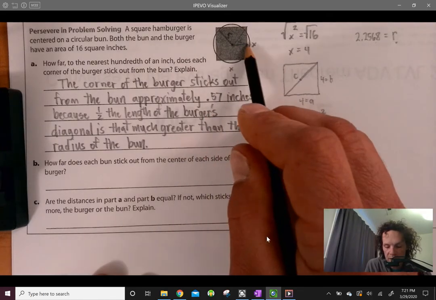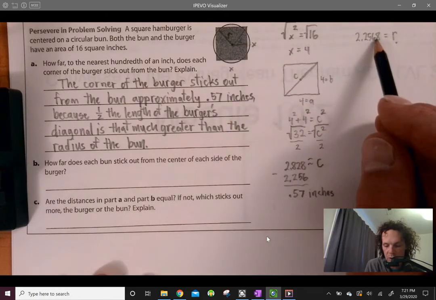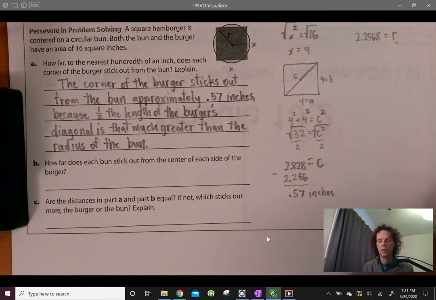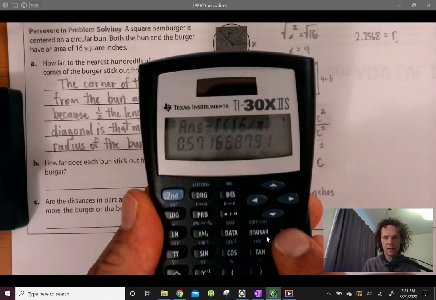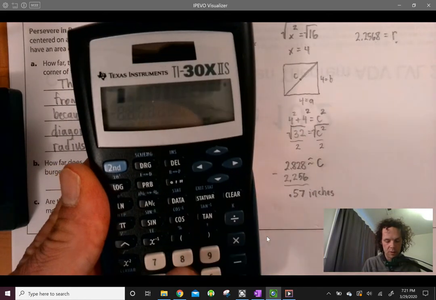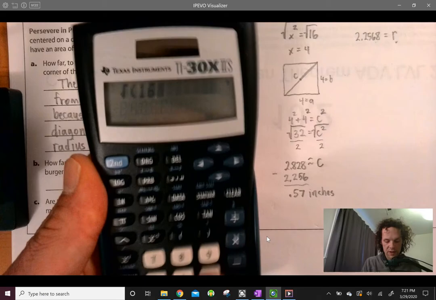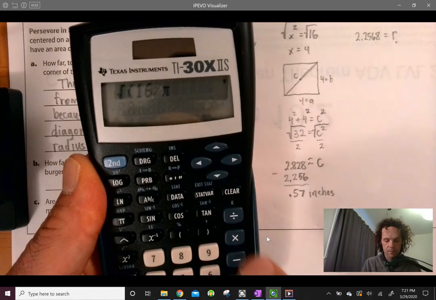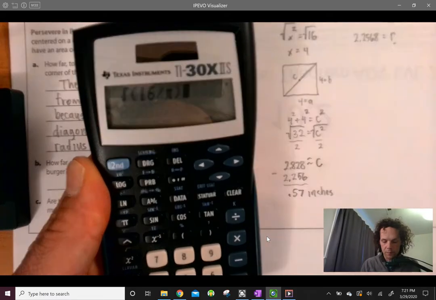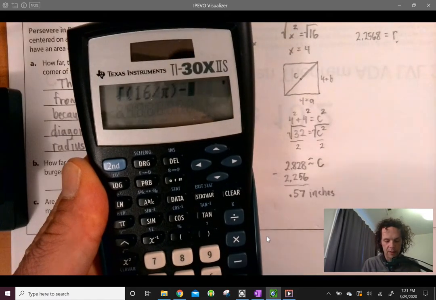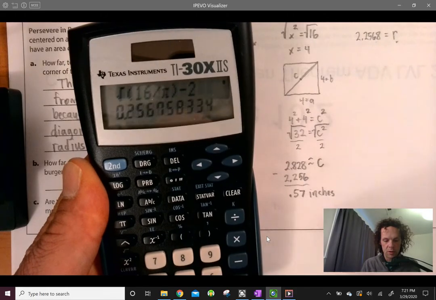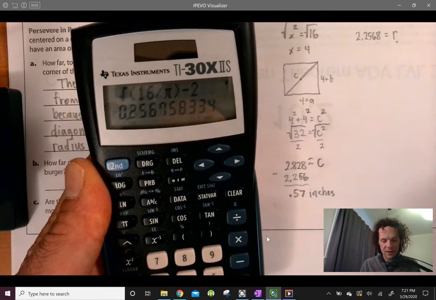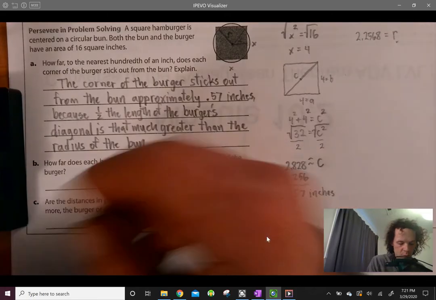We know this is 2, and we know the radius is 2.568 more or less. So let's type the radius of the circle into the calculator: the square root of 16 divided by pi, and then subtract 2 equals 0.2567.